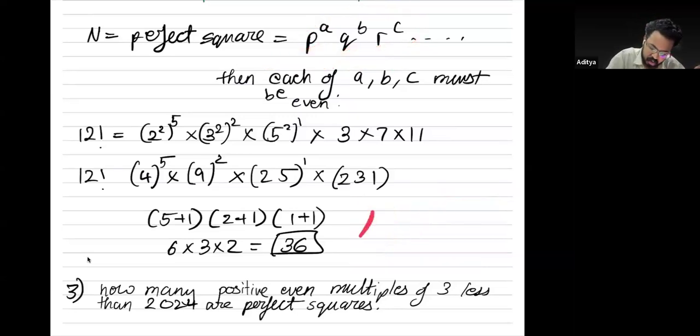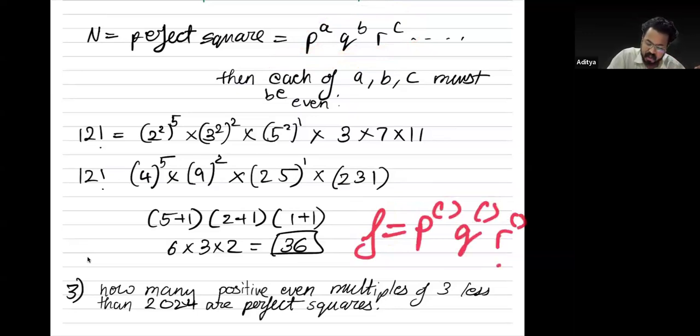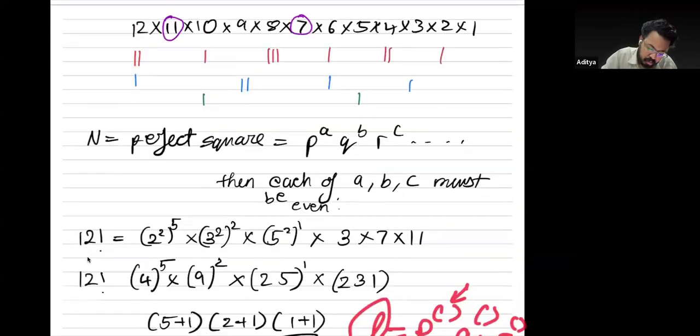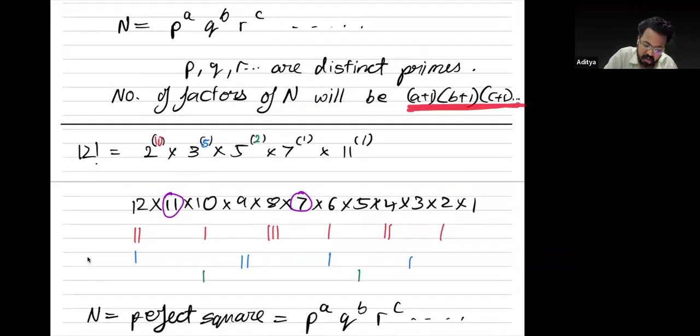So if I write a factor of n, f is equal to p to the power something, q to the power something, r to the power something. I can ask p whether it wants to come 0 times, 1 time, or maximum a times in that factor. That gives us a plus 1 possibilities for p. Similarly, b plus 1 possibilities for q, and, sorry, c plus 1 possibilities for r. So that is why you multiply it out that way.